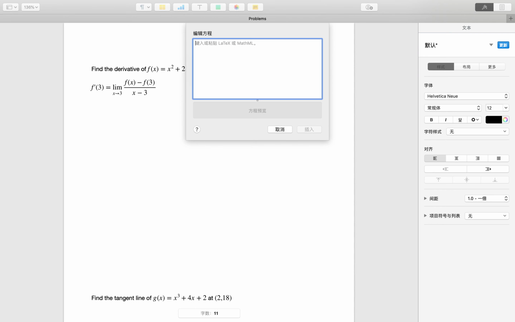After you expand the numerator of this limit, you get the limit as x approaches 3 of x squared plus 2 minus f of 3, which equals 11, over x minus 3.